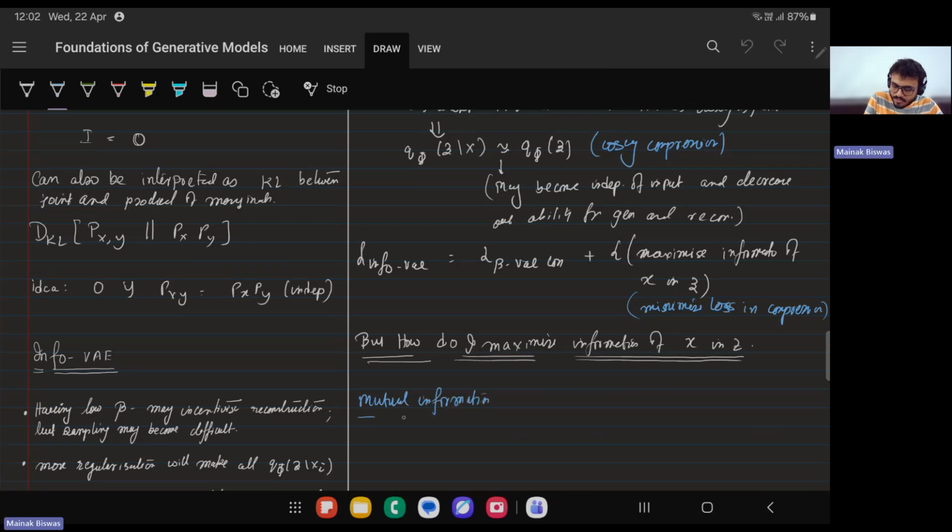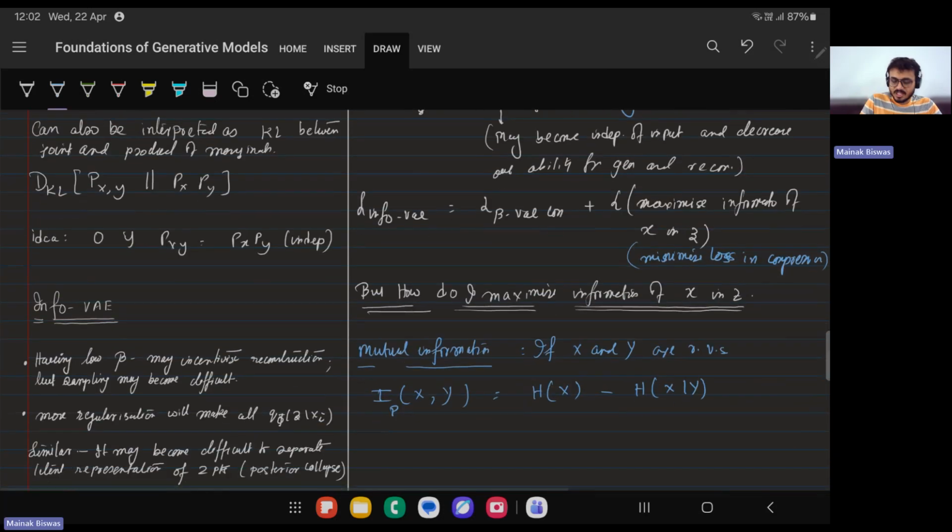So what is mutual information? I of X comma Y, if X and Y are random variables under a distribution P, is given by the entropy of X minus the conditional entropy of X given Y, which is the same as the entropy of Y minus the conditional entropy of Y given X. This is symmetric.